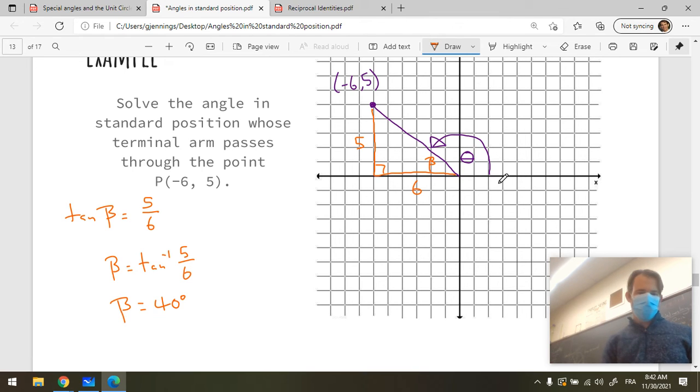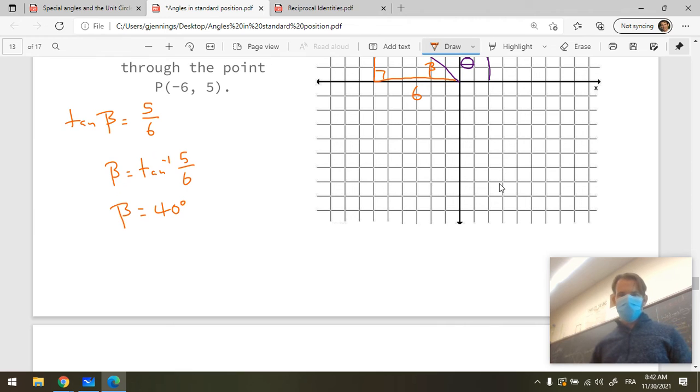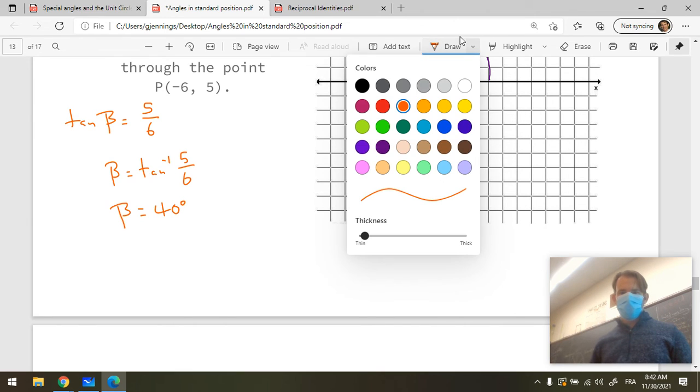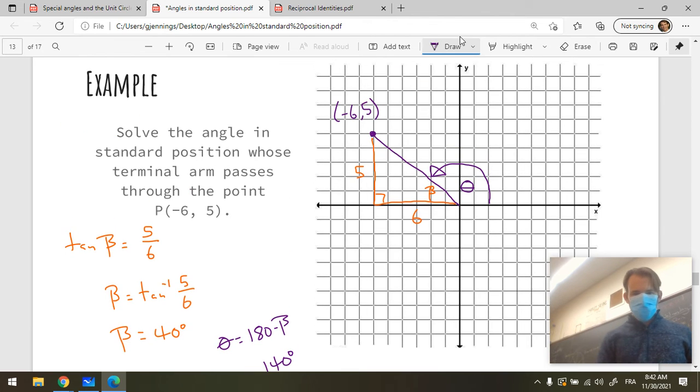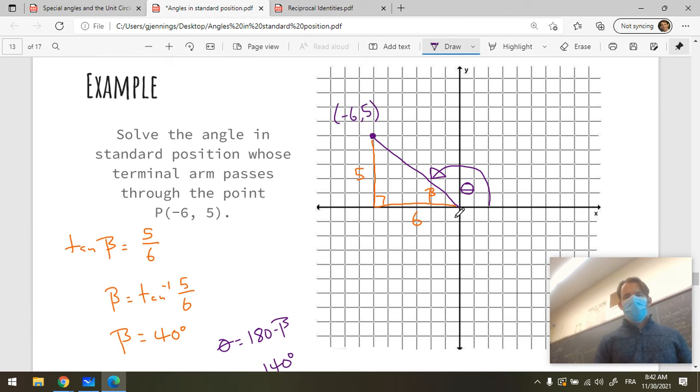So theta is, still waiting for it. Yeah, 140. 180 minus 40, 140. So theta equals 180 minus beta. Theta equals 140.